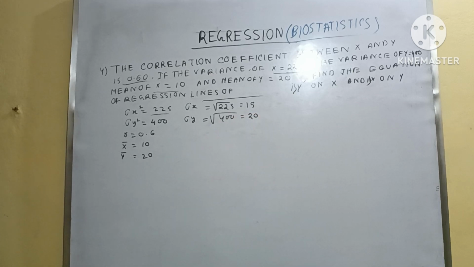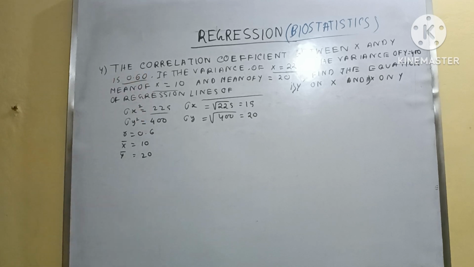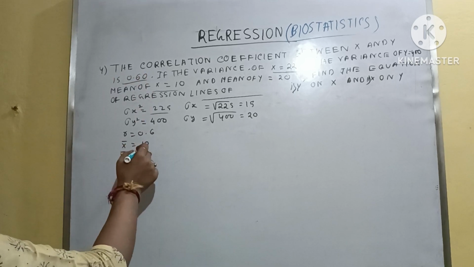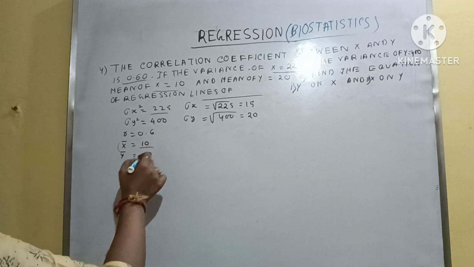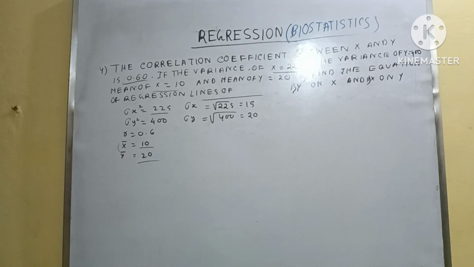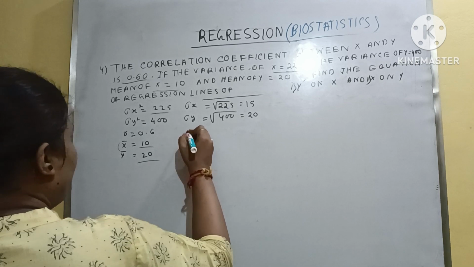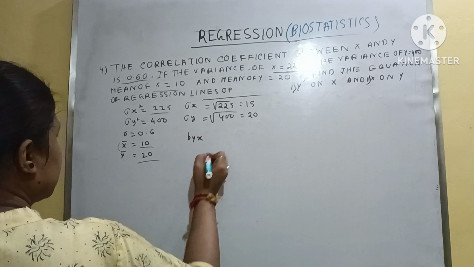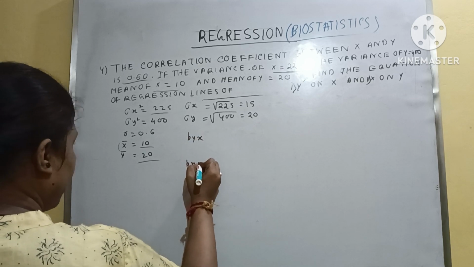Clear? And r value is 0.60, and the mean value of x series is 10, and the mean value of y series is 20. So first we have to calculate byx and bxy.